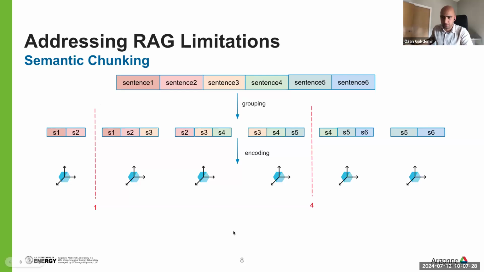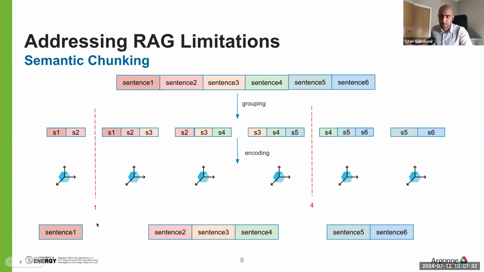You put a cutoff here, the same way you put a cutoff here, and you end up with sentence 1 in one chunk, sentences 2 to 4 in a chunk, and 5 and 6 in a chunk. A line of thought is preserved within the chunk. If anyone has any questions about it, please go for it. This is semantic chunking. I highly recommend you use it.